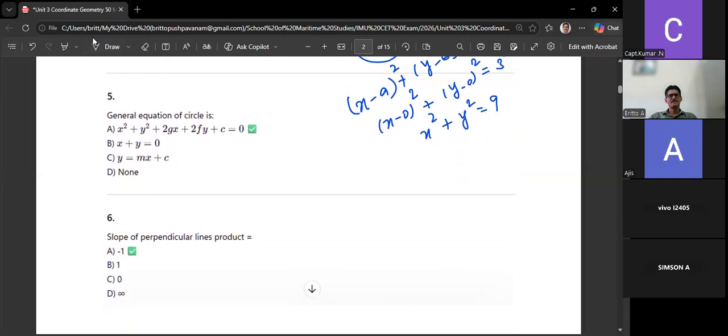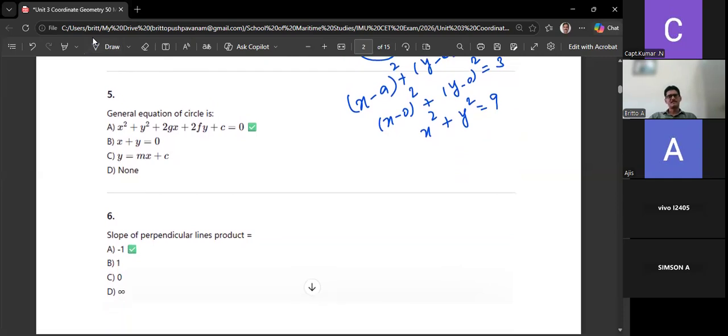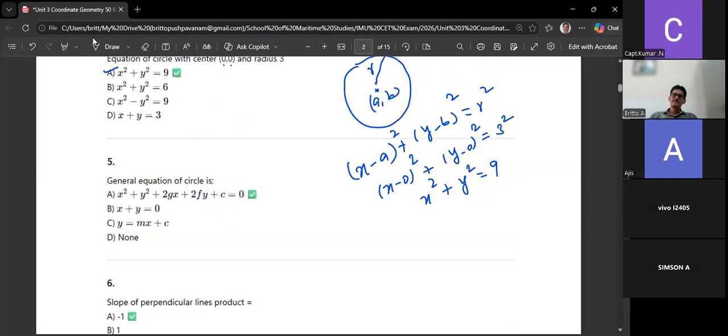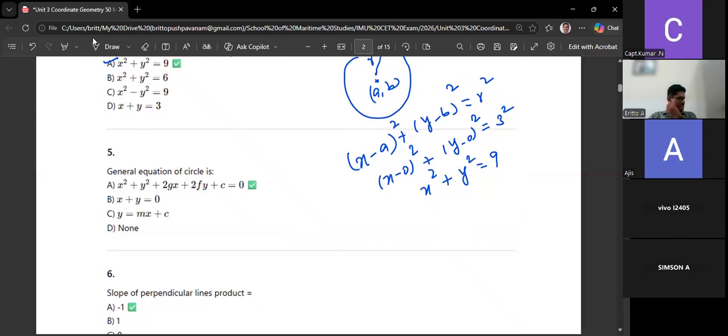Next question here it is the general equation of circle. So the previous one, this is the equation of a circle if the center is given and radius is given. The center is a comma b and radius is r. If it is given, then this equation of circle. But this is a general form of general equation of circle, which is the expansion of this circle equation.